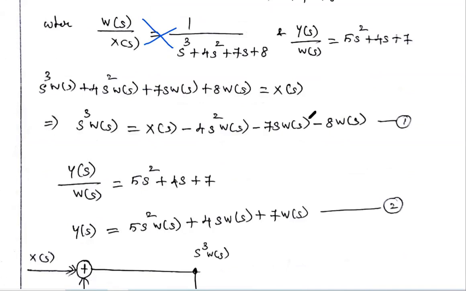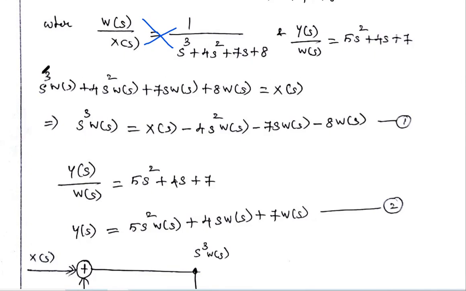From this equation, this consists of different W(s) terms and only one input variable X(s) term. From this, we have to derive one equation. The highest power of s into W(s), you keep that term on the left side, and we give the remaining terms to the right side.